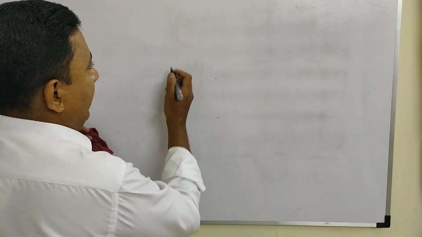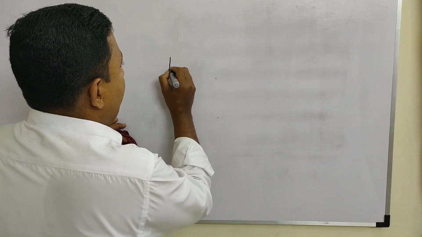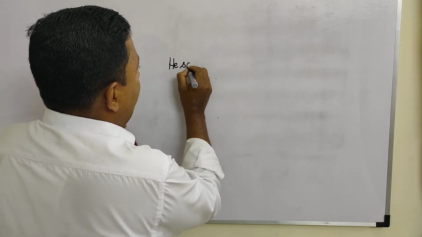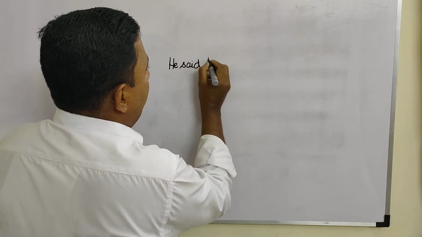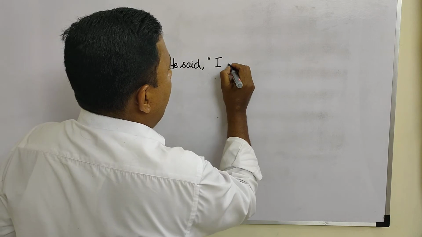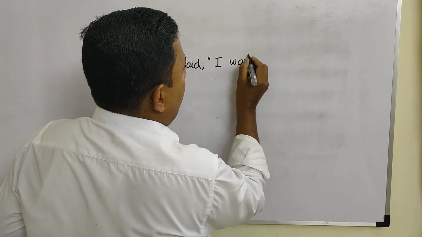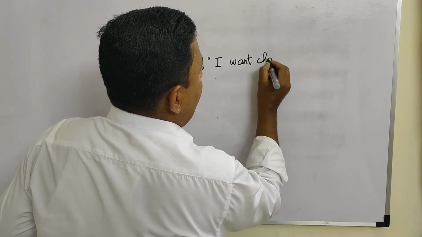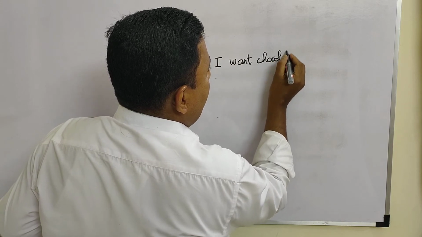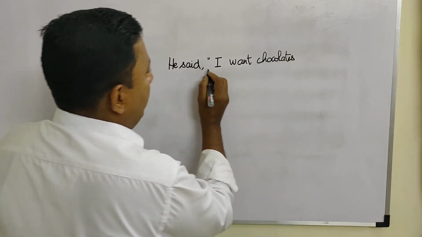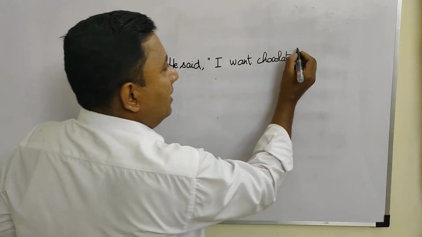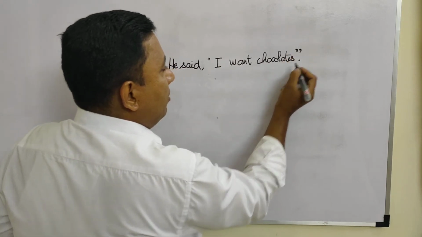For example, I take the sentence: He said, "I want chocolates." It's a very simple sentence. This is direct speech, and you have inverted commas, close inverted commas, and a full stop.